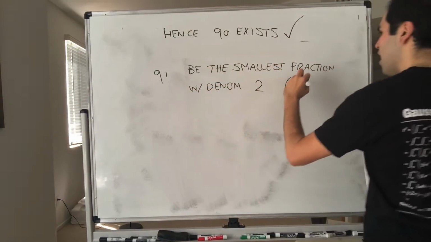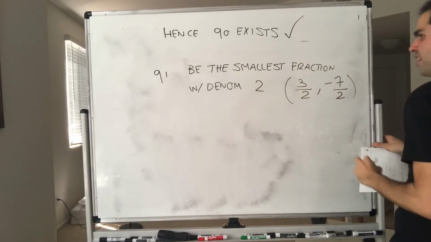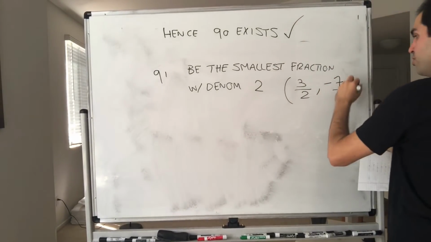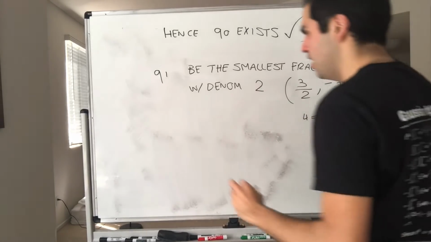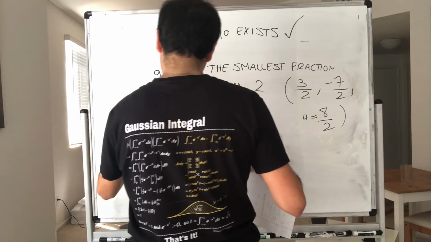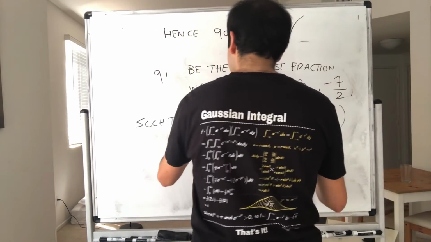Again, think 3/2 or -7/2, something like that. Or even integers, think 4, which is 8/2, such that Q1 bar is an upper bound for S.